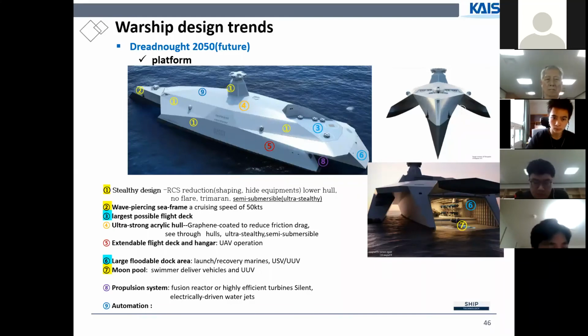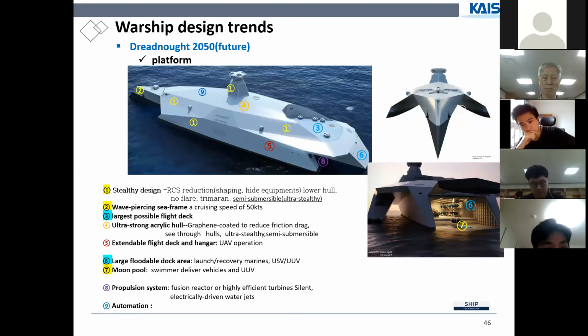Large flooded dock. If you open this gate like that, there is a very, very big dock here, to launch and recover USVs, UUVs, and Marine Corps vehicles. Under the dock, they have the boom pool to deliver the swimmers, vehicles, or UUVs into the water.